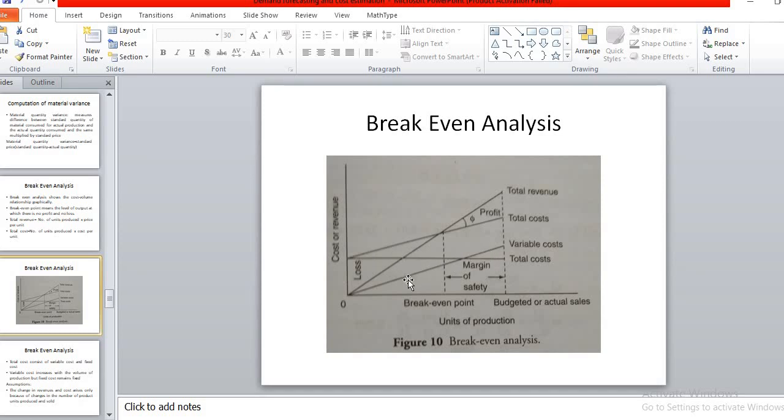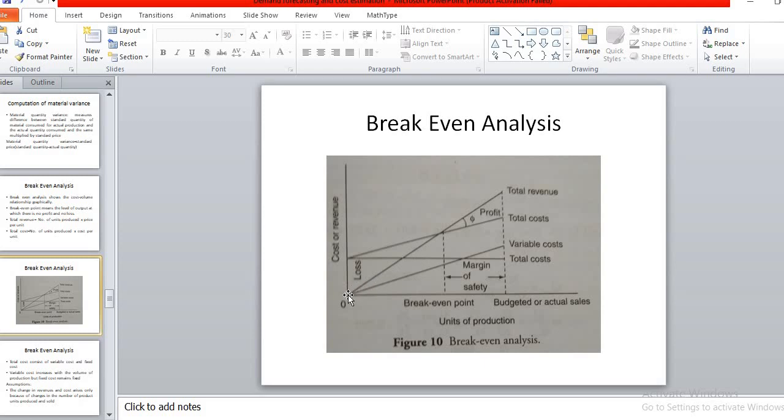This is the fixed cost, this is the variable cost, and the combination of both is represented here as the total cost.